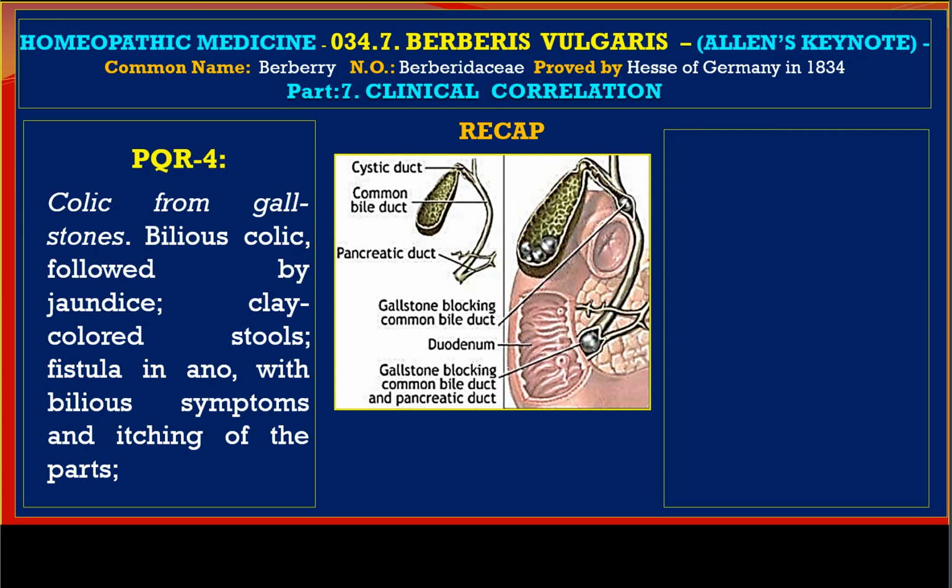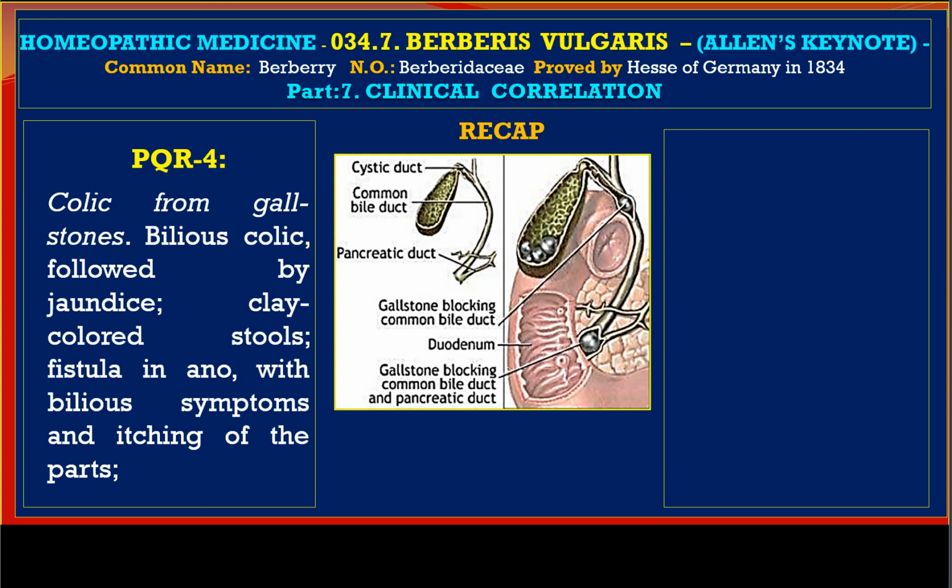Once they get stuck in the common bile duct and pancreatic duct, you will probably have obstructive jaundice. Gallstone colic followed by jaundice, with associated clay-colored stool, means there is an obstructive jaundice.